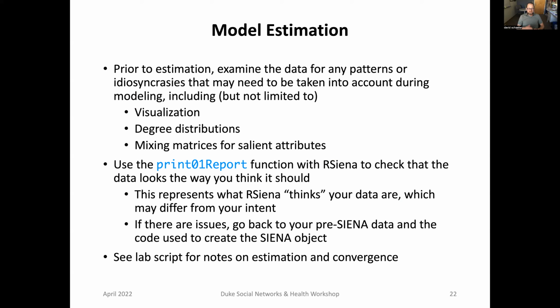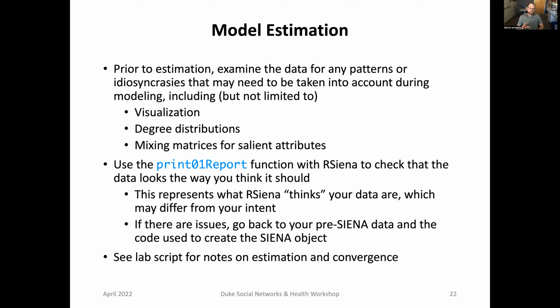These are the dependent networks, the networks that will be set up to be modeled. These are exogenous, either networks or attributes, and some descriptives on those. So this is a good way to check that what you think you're bringing in as data, and how you think that data is coded, looks the way it should.